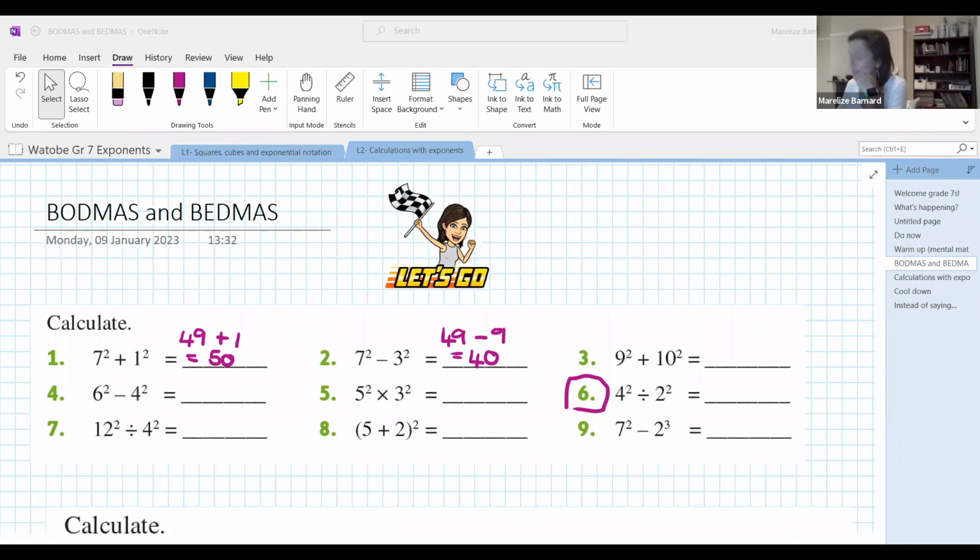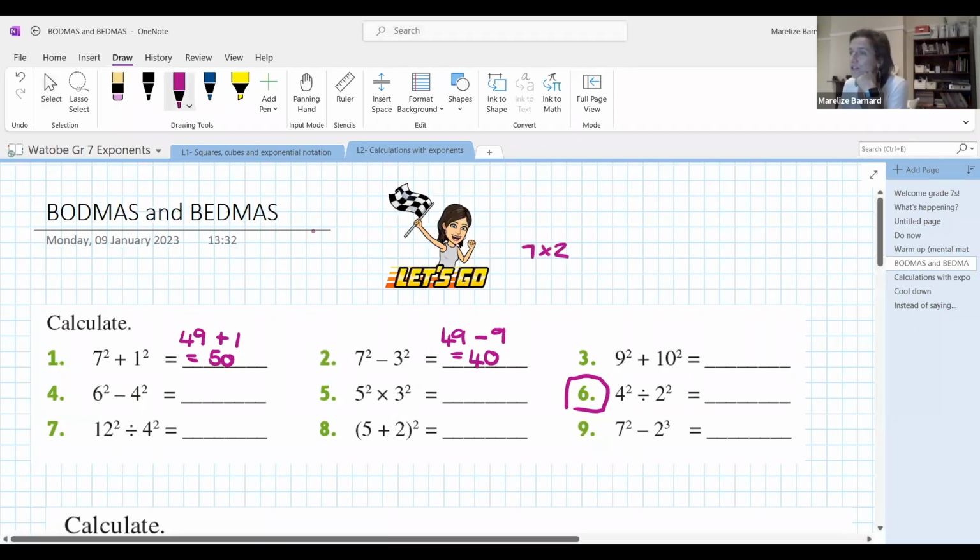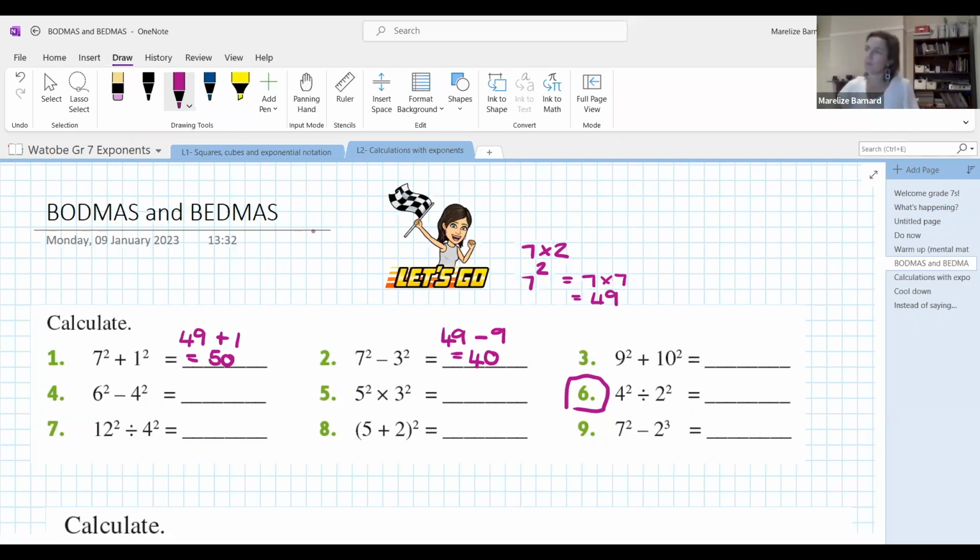No. So 7 times 2 is different to 7 to the power of 2. 7 to the power of 2 is 7 times 7, which is 49. Okay, so be careful of that. Yes, ma'am, I forgot completely. I'm sorry. Okay, just give it another go, hey?